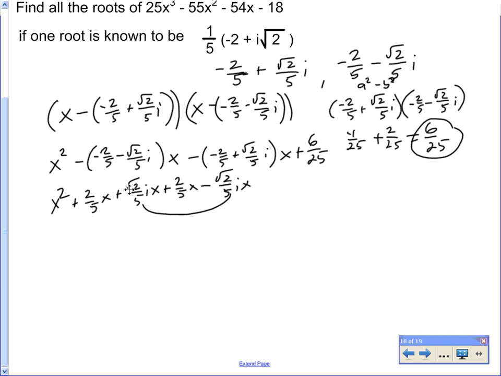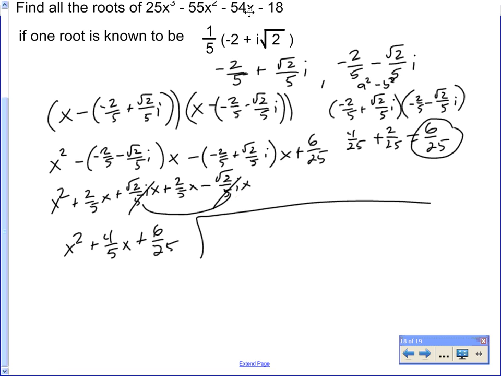These two terms are exact opposites, so they'll go away, and I'm left with 2/5 x plus 2/5 x. So I've got x squared plus 4/5 x plus 6/25, and that's what I want to divide out of my starting polynomial here.